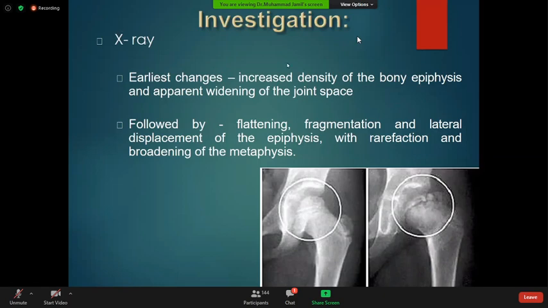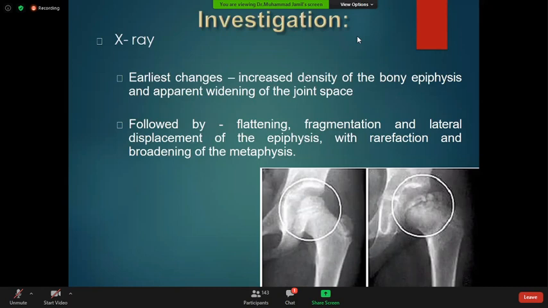The earliest changes are increased density of the bony epiphysis and apparent widening of the joint space. You can appreciate the joint space will widen because when the head becomes flattened, the joint space will become wider. What you will see in the X-ray is increased density, a whitening.